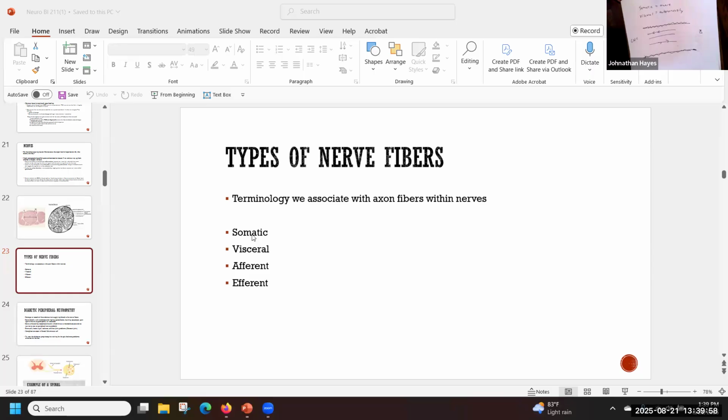Let's say itch. That way we don't have an action associated with it as well. Let's do pain, because sometimes I say I'm itching a bug bite, so let's not say itch. But let's say pain. Pain is something that I feel, right? And that is going to be afferent in nature. I'm also consciously aware of it, so that would be another type of information that travels along a somatic afferent fiber, okay?